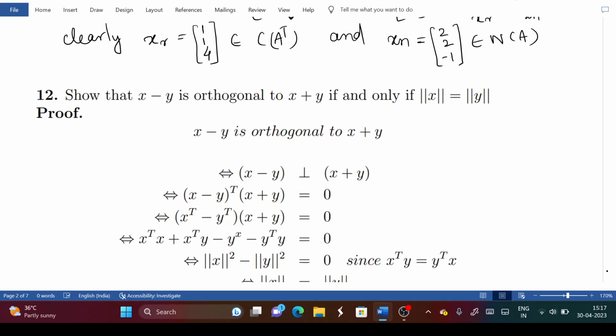Now, x minus y is orthogonal to x plus y if and only if x is equal to y. So x minus y is orthogonal to x plus y implies the inner product of x minus y and x plus y is equal to 0. That implies, and is implied by, the transpose taken individually on each factor.